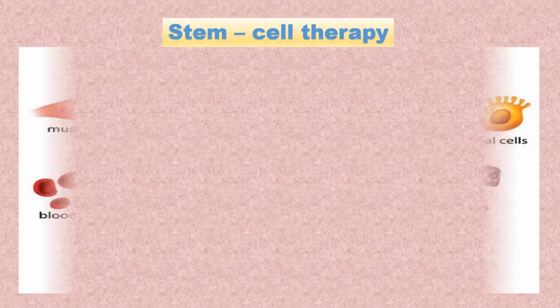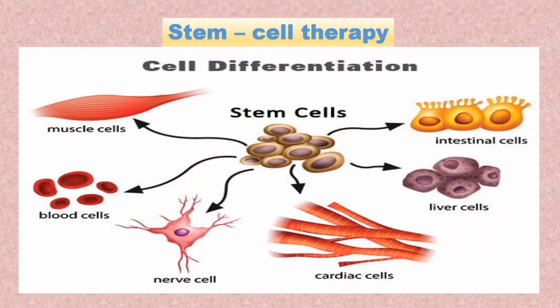See the diagram. This is a stem cell. The stem cells are first taken from, as I already said, the umbilical cord, amniotic fluid or bone marrow. The stem cells are cultured in the laboratory. These are undifferentiated cells.